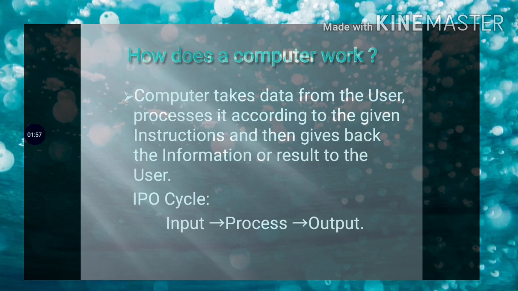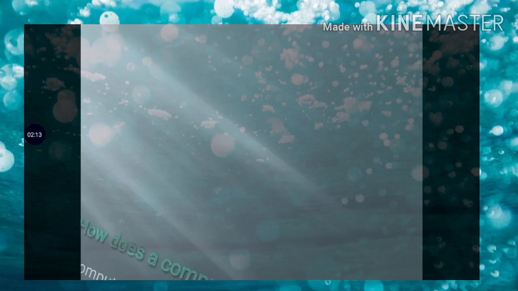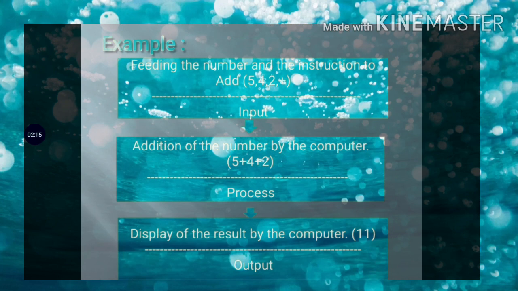The computer gets the information as data input, processes the data, and gives the result as output. Is that clear? With one example, I'll explain the IPO cycle.